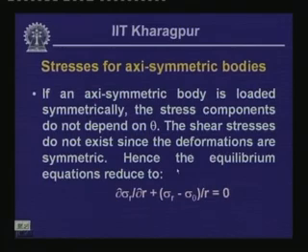Thereby, from this we can find out what the stresses are in axisymmetric bodies. Now, as I said, we encounter several kinds of structural elements where the boundaries may not be perfectly straight. You can have a curved boundary over which there could be stresses, such as the radial stress, which can be described by the stresses sigma r and sigma theta.